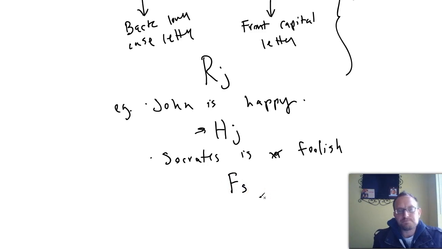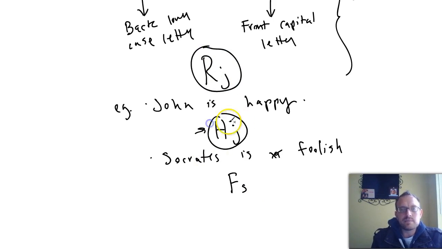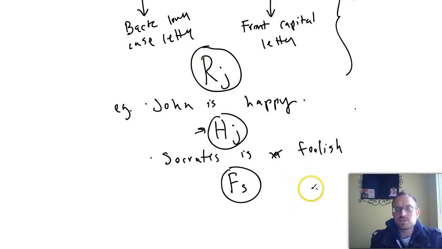FS, okay? Now, what you're going to see here is that we can utilize these entire statements and conjoin them using our operators. So for instance, I could say John is happy and Socrates is foolish, and that would look like this: HJ, here's our conjunction, and FS. So this is how you can conjoin them.